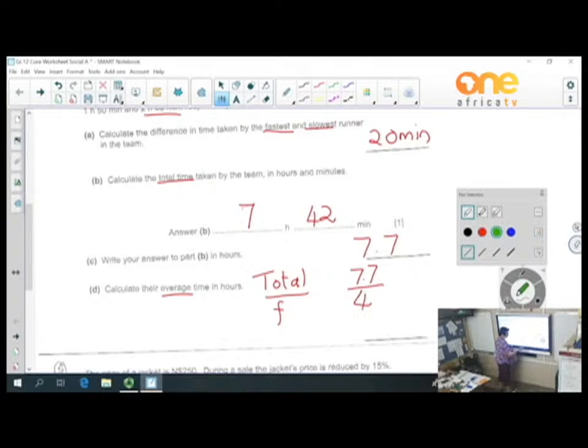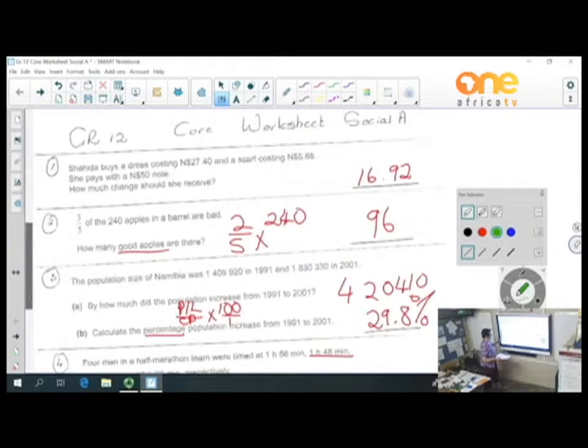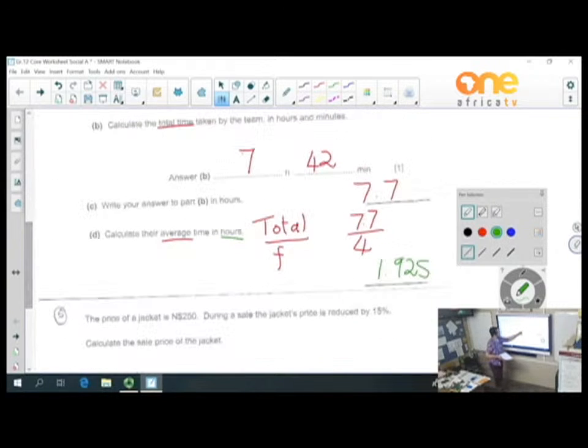And the average is 1.925. Look, they say in hours, so I don't need to change it now back to minutes. I can just work with hours there. I use that total time and divide by the 4 candidates, the 4 runners.